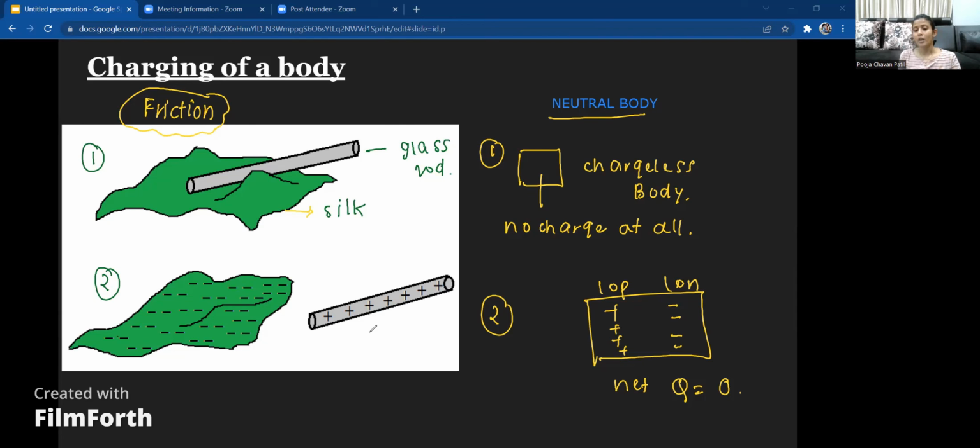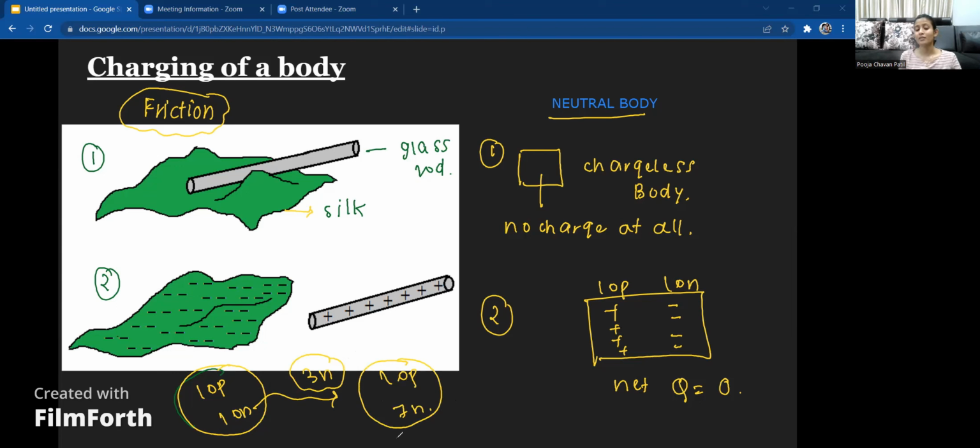Basically what we are trying to say is that suppose I have a body here. It has 10 protons and 10 neutrons. What does this mean? This body has no charge, or we can say it is a neutral body, because an equal number of protons and neutrons are present, right? Now something happens to this body, which means we disturb its equilibrium, and then 3 neutrons go somewhere, and now we are left with 10 protons and 7 neutrons.